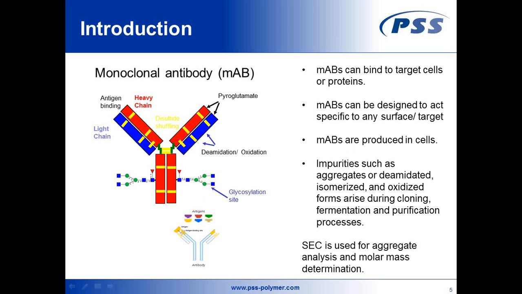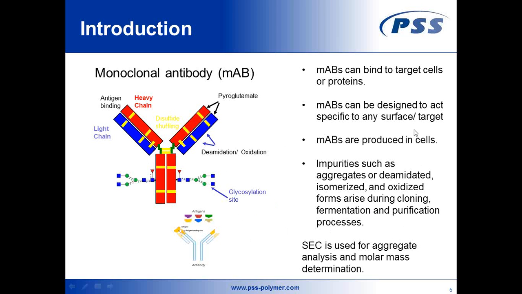their pureness. So you want to find out if you have a Y-shaped complete monoclonal antibody, or if you have cleavage on these antibodies and you find heavy and light chains in between, or some fragments. All these can happen during the fermentation process due to oxidation processes and many other side reactions.